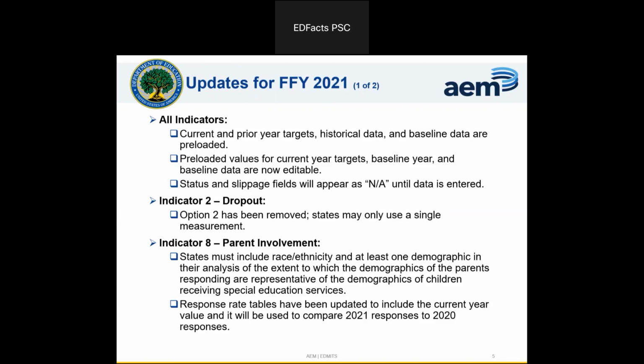For indicator 8, parent involvement, states must include race/ethnicity and at least one demographic in their analysis of the extent to which the demographics of the parents responding are representative of the demographics of children receiving special education services. The response rate tables have also been updated to include the current year value, and it'll be used to compare 2021 responses to 2020 responses.